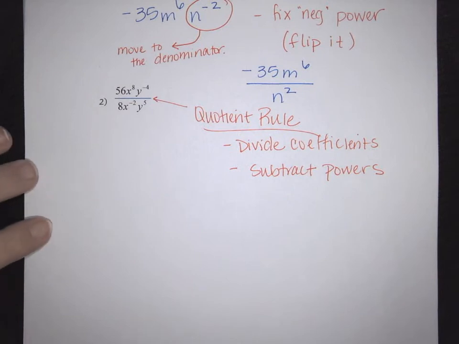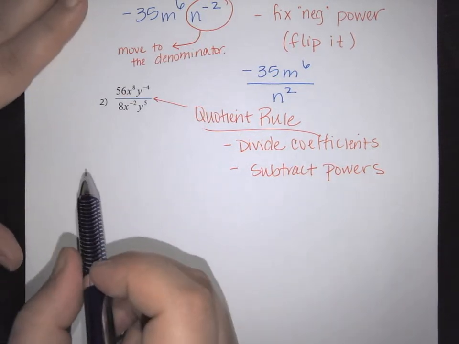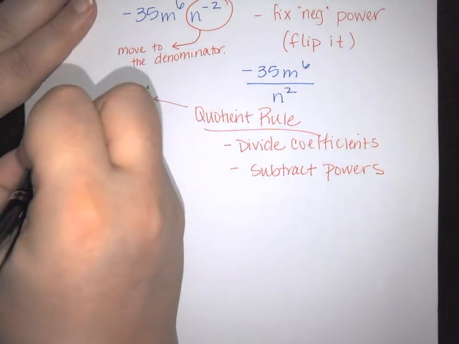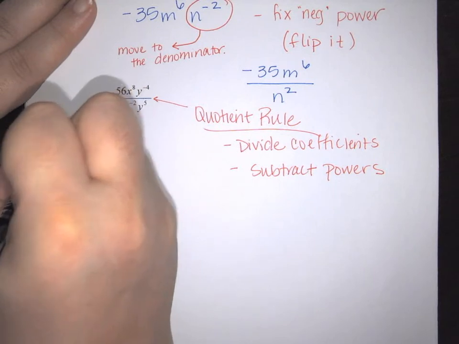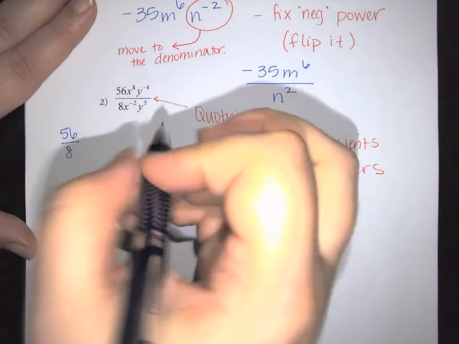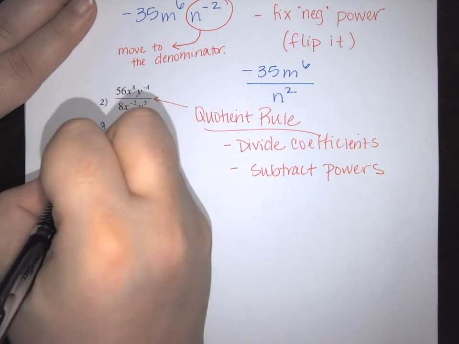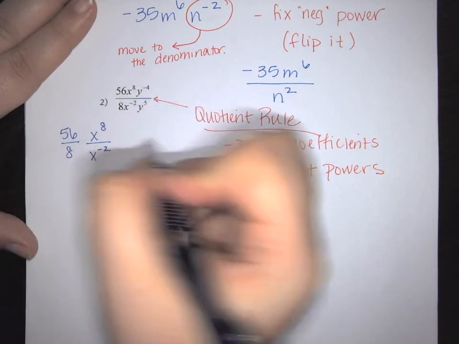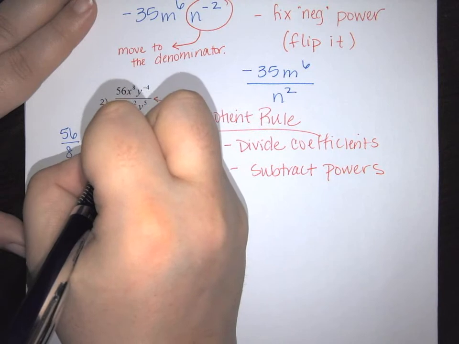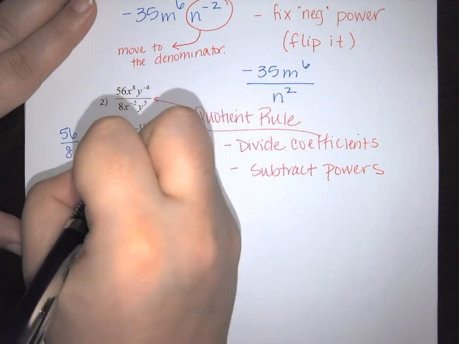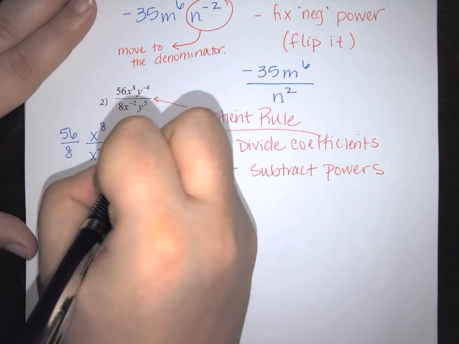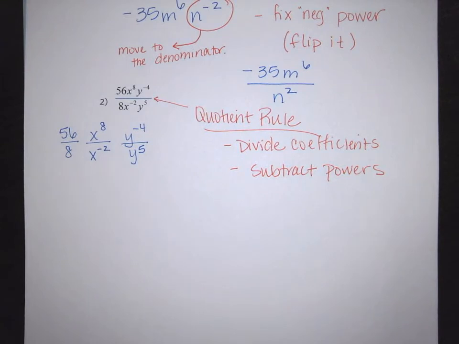Okay? So first things first, I'm going to kind of separate everything out. So here I've got 56 over 8. I have x to the 8th over x to the negative 2. And then I have y to the negative 4 over y to the 5th. Now I separated them all out because you want to look at these as kind of individual problems.